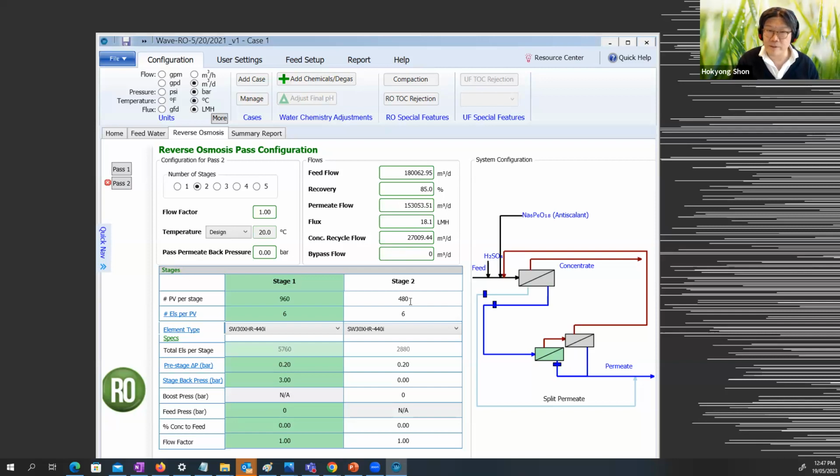It's given in the Canvas, so you can download it from the Canvas so that you can recalculate, or you can try to have a reasonable value of pressure vessels per stage, and then you will get a good outcome of the design. If the design report doesn't work, it means it's a little bit of an unrealistic design in your RO system. So you have to go back and try to redesign. Do you understand?